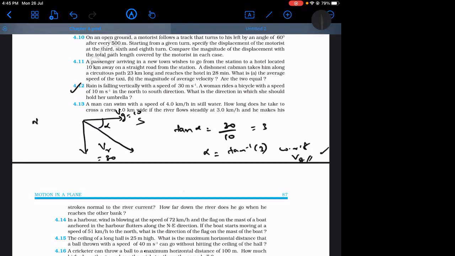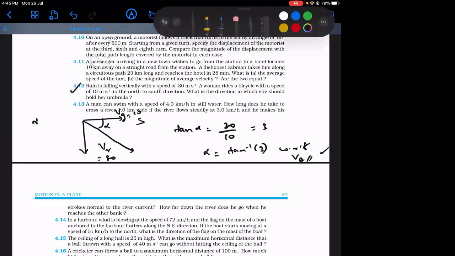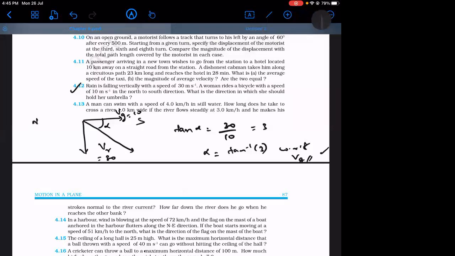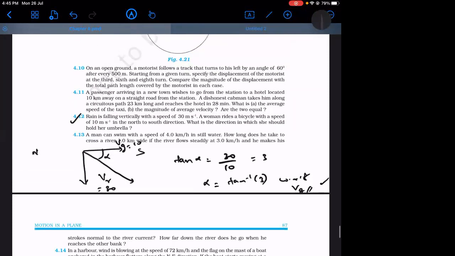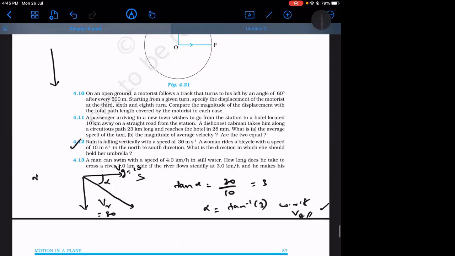Yes, sir. Sir, in the previous question, if the answer is tan inverse 35 by 12, then it is with respect to what, sir? Girl. With respect to rain. There it was like this, yeah? It was 35 this side, 12 this side. So if this is taken as alpha, you wrote tan inverse of 35 by 12 with respect to girl.